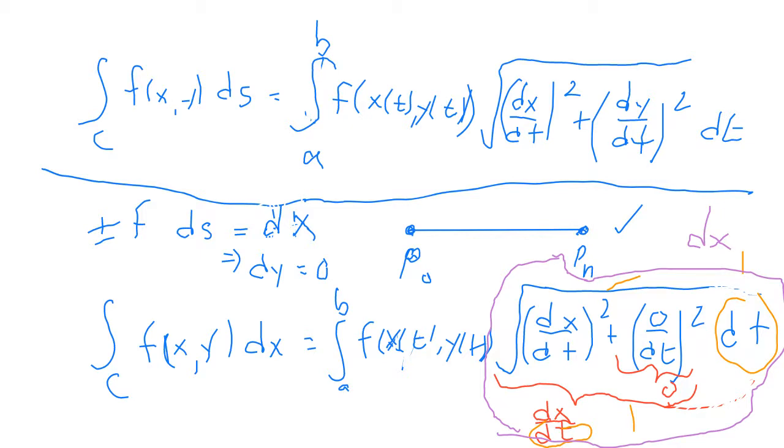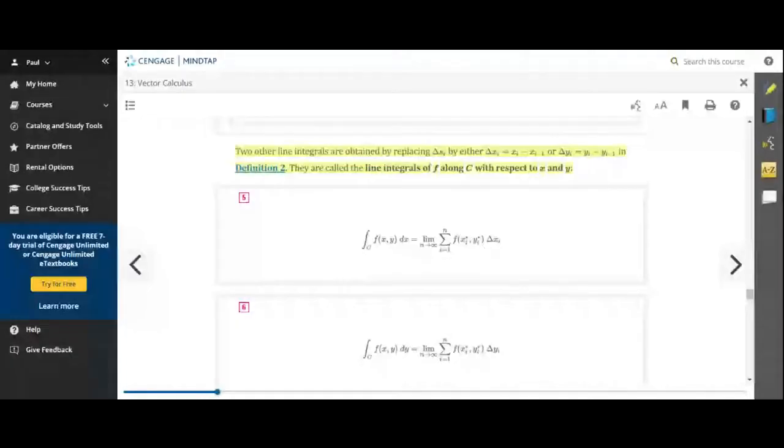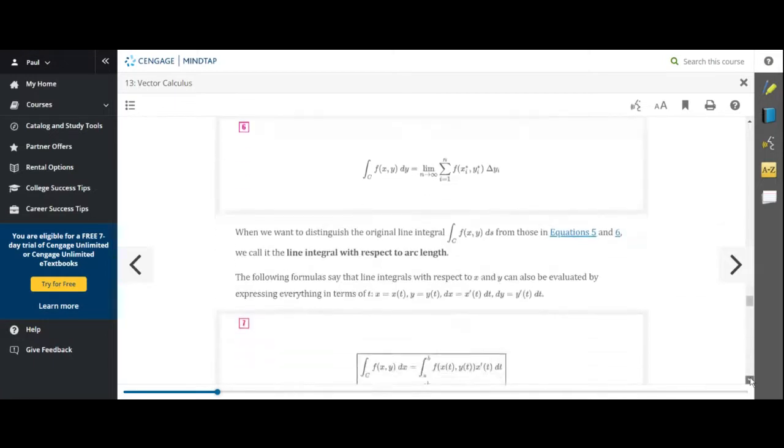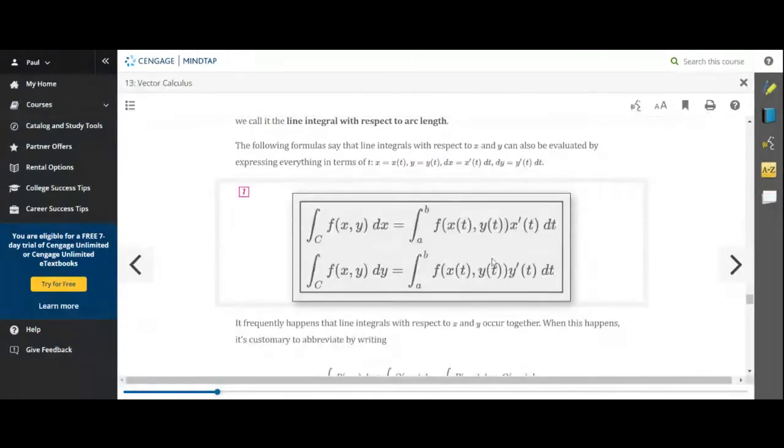All right. Now when we look in the book, when they mention a line integral, they mention line integrals with respect to x and y. Hold on, let me go down here. Yeah, this is what I want.